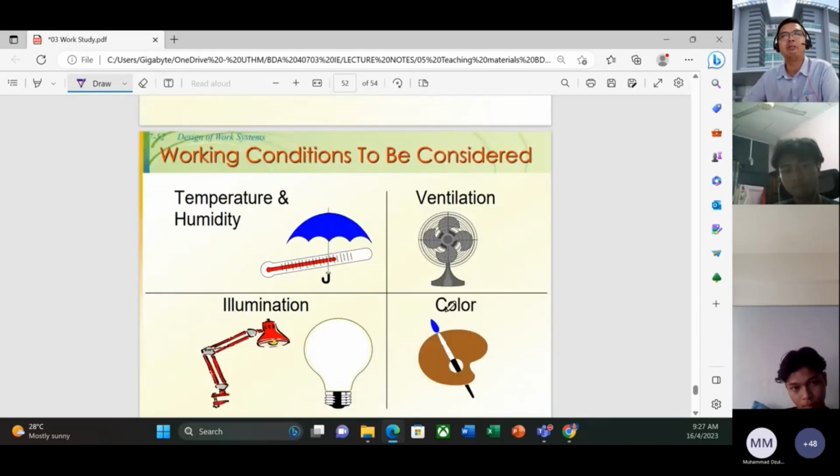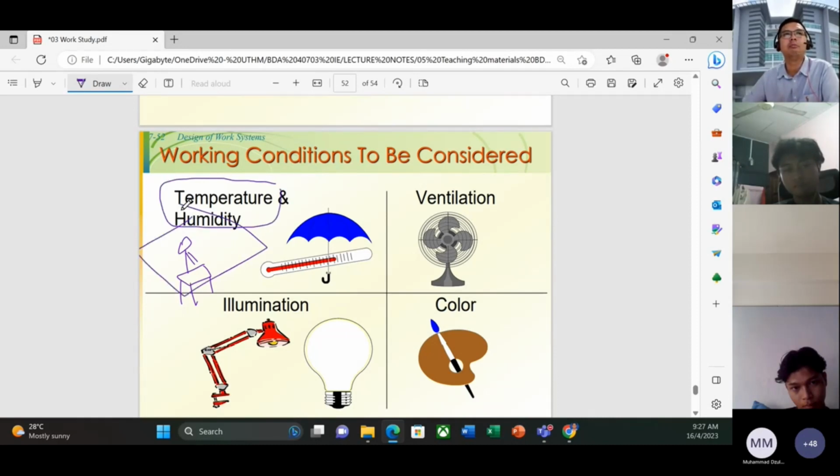And working conditions need to be considered when we design. For example, I draw an example to give to you. Please consider temperature and also humidity.